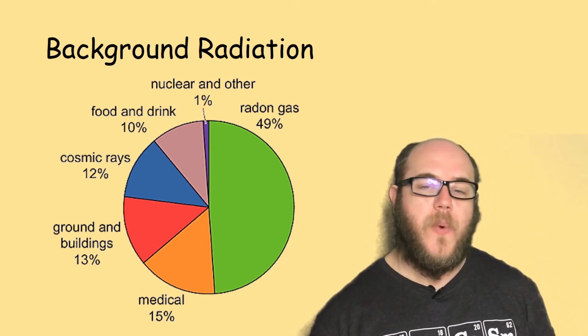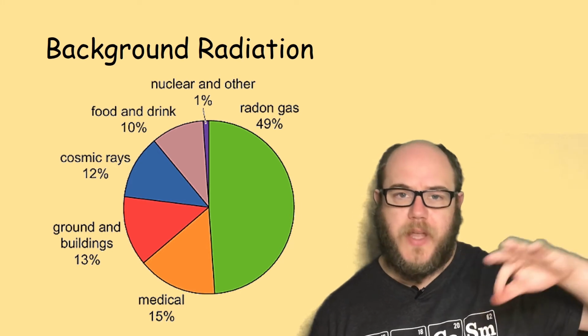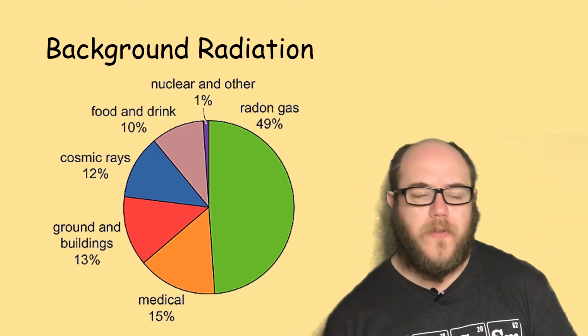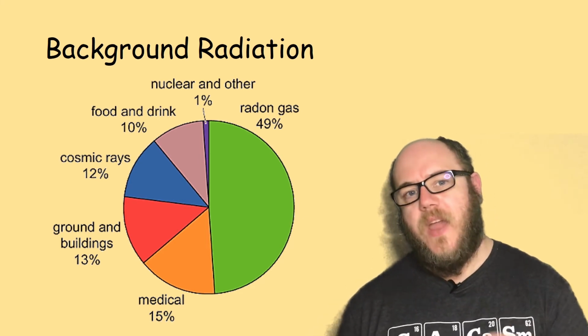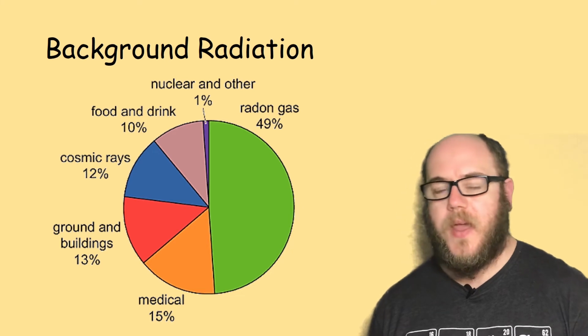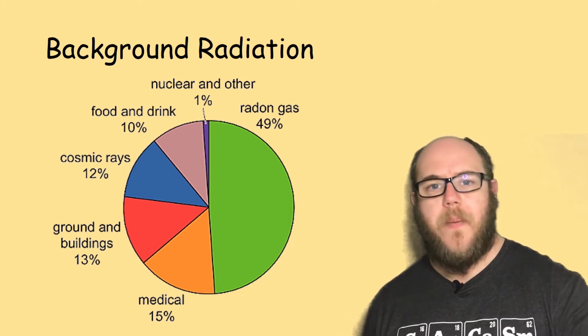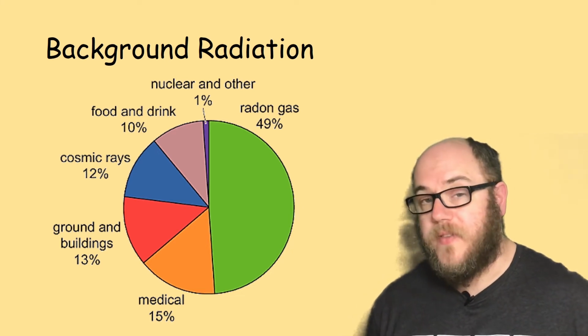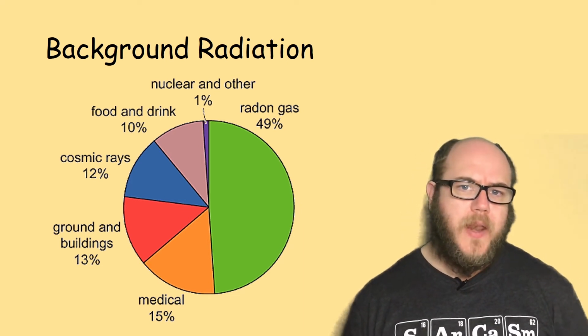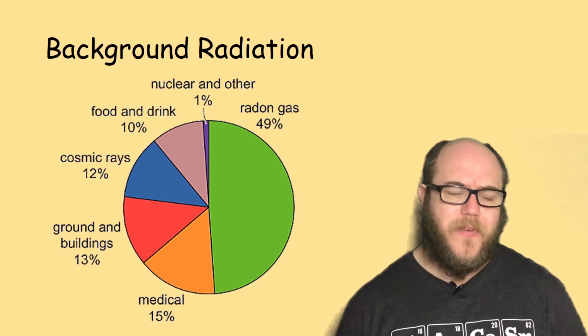If a house is very well ventilated, the radon gas will then just float away off harmlessly into the world where it belongs. However, if the house is not well ventilated, and there's a big problem in the 70s and 80s where basements were, when we didn't realize this was a problem, basements were getting filled with radon gas. Now radon gas is radioactive.